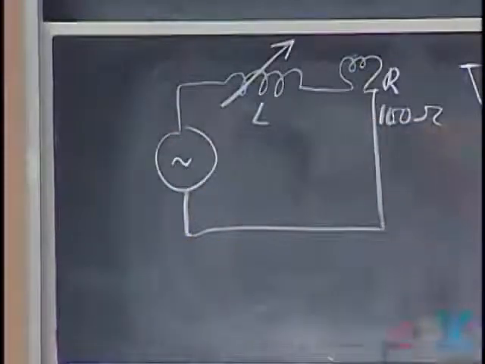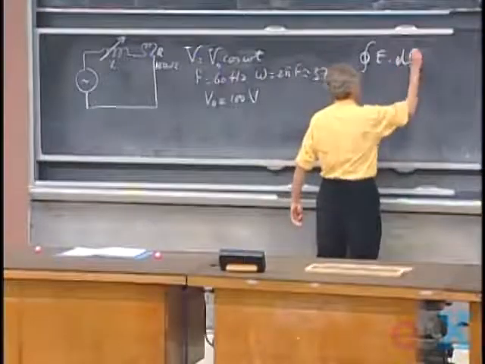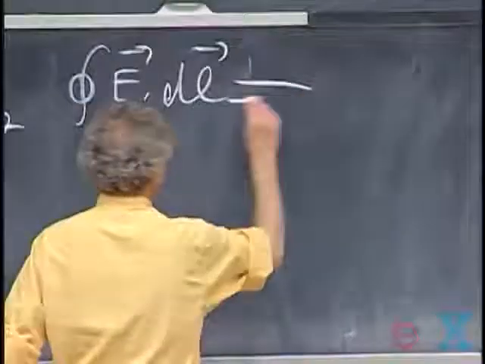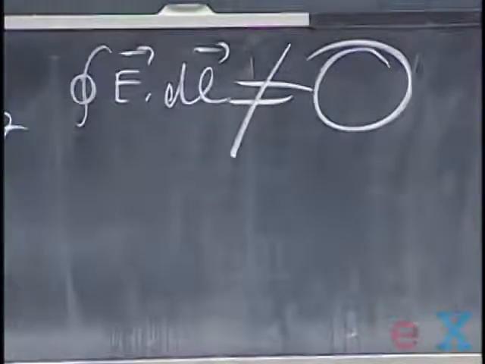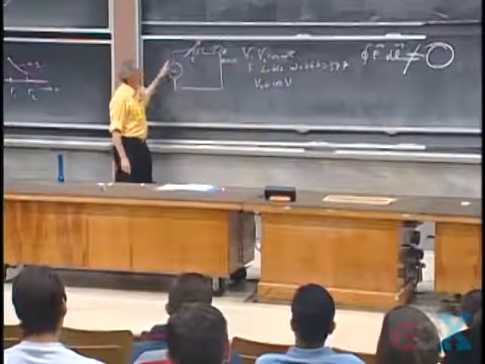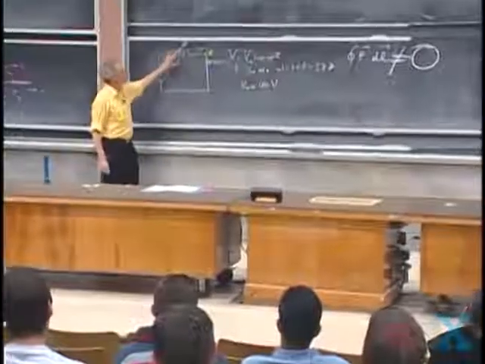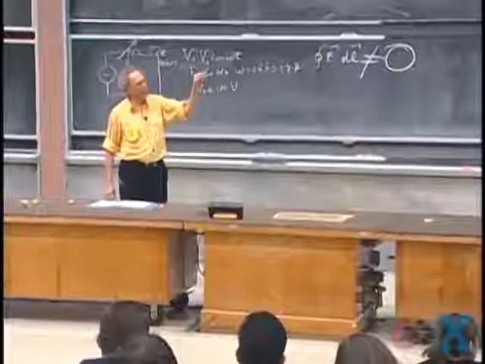The closed loop integral of E dot dl is not zero, because Kirchhoff's loop rule does not apply here. There is a self-inductor. If you attach an open surface to this closed loop, there's a magnetic flux going through there, so you must deal with the third equation.